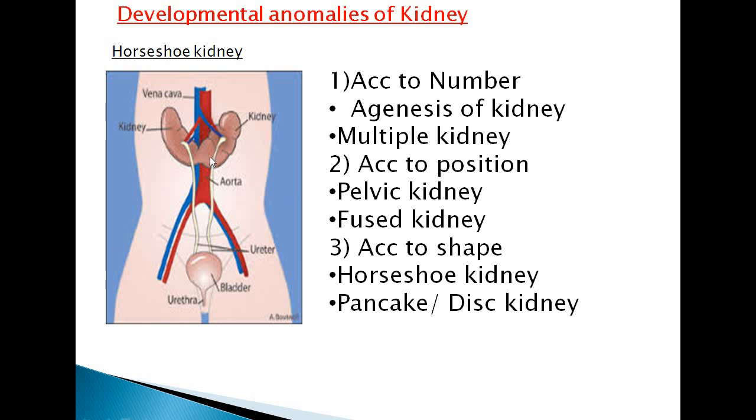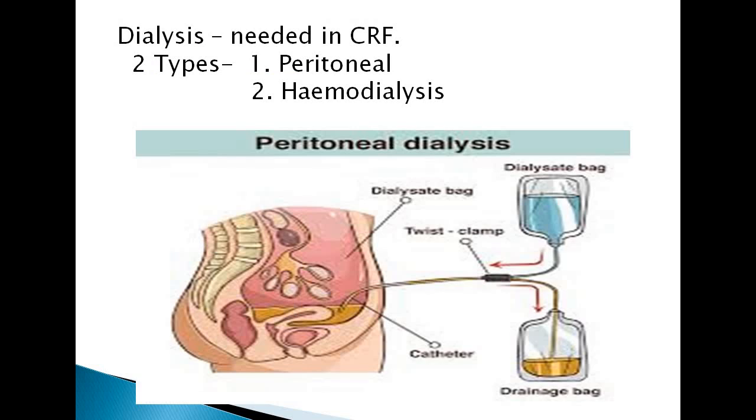According to shape, if the lower poles of the two kidneys get fused with each other, either anterior or posterior to the blood vessels, it will present as a horseshoe-shaped kidney. If the complete kidneys of the two sides get fused with each other, this is called a pancake kidney or disc kidney. So these are a few developmental anomalies.